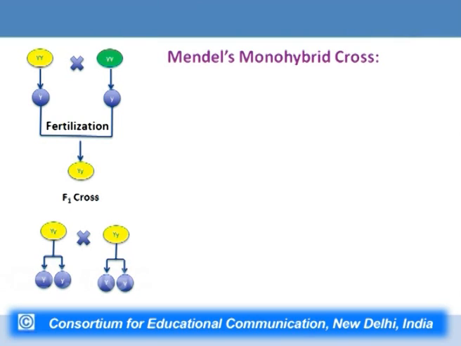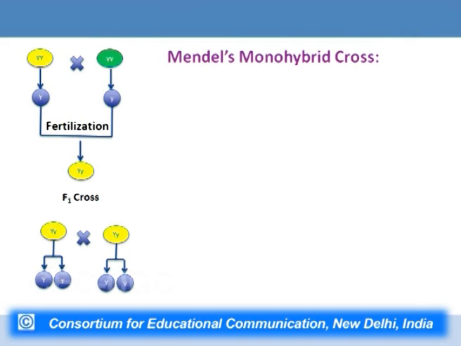So in this particular example, as we see, there are two different strains, two different lines, one of which gives yellow seeds, which is coded by the dominant allele capital Y, and the other gives green seeds, which is coded by the recessive allele small y.